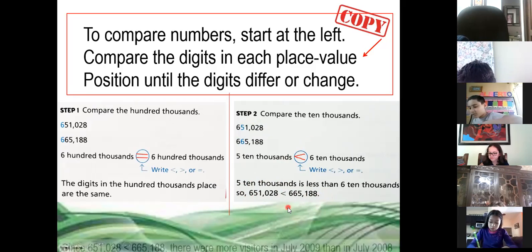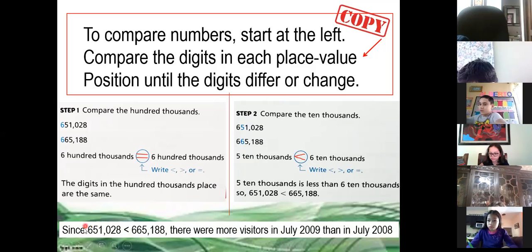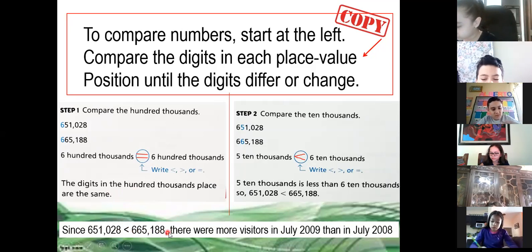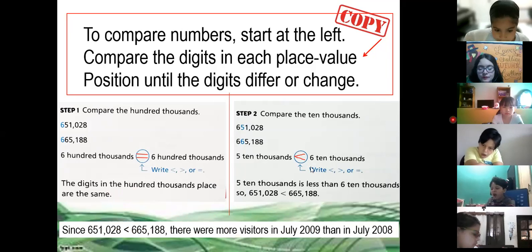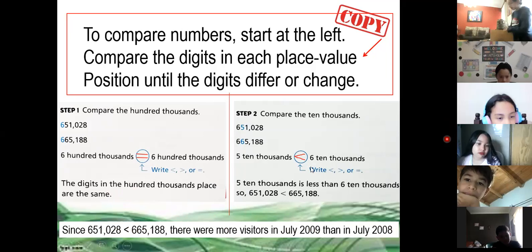Now, here we have as a conclusion, since 651,028 is less, don't forget that this sign means less than 665,188, there were more visitors in July 2009 than in July 2008. That's an exercise in your book. You have this exercise in your book, so that's why you don't have to copy.